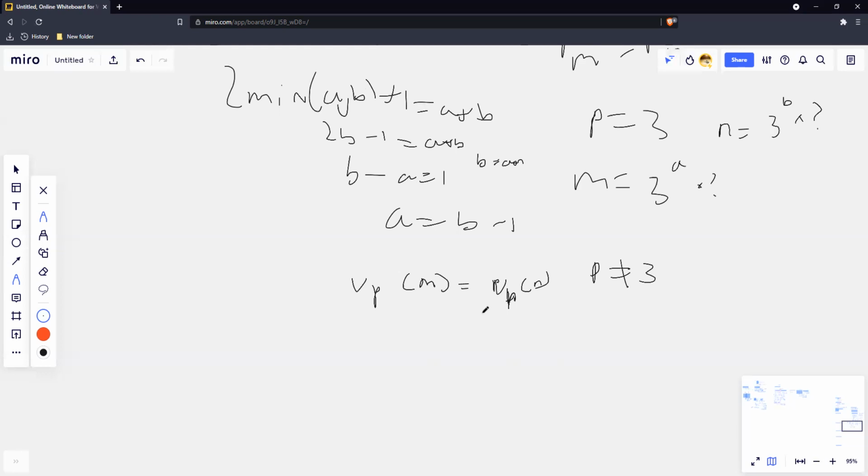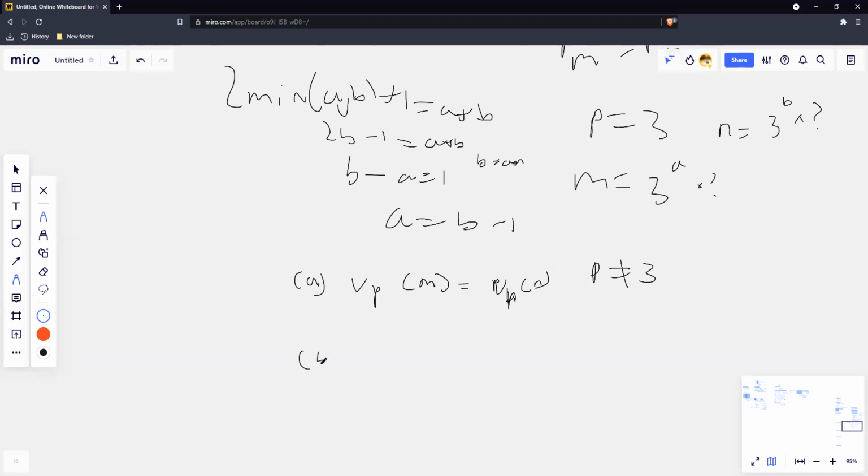This basically is saying the amount of times p appears in the prime factorization of m. So this is the power of p in the prime factorization of m, and this is the power of p in the prime factorization of n. Both of them are equal if p is not equal to 3.